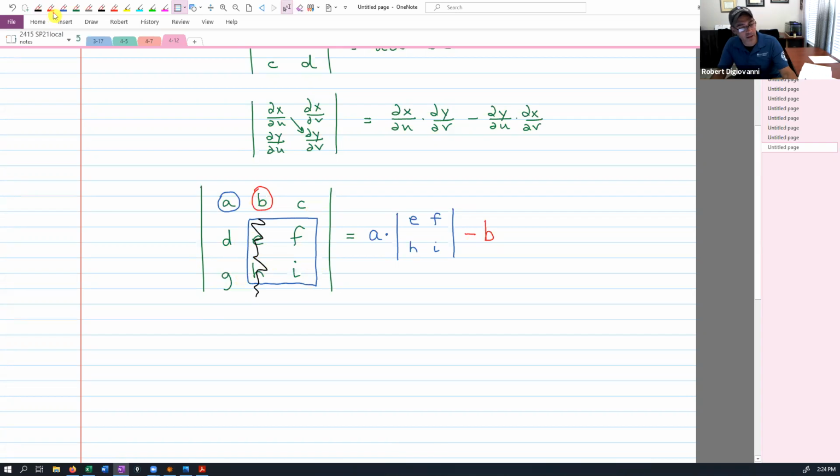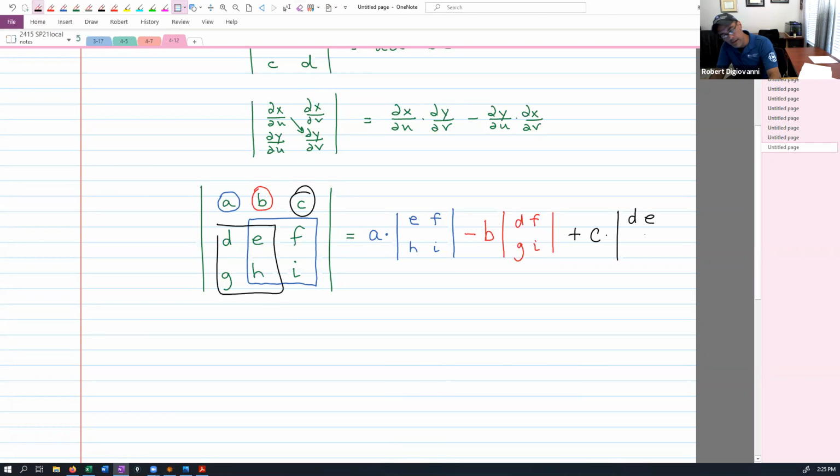So it'll become the determinant of D, F, G, I. And then I switch signs again and I do plus C times, and now my determinant is going to be off of these four there. So determinant of D, E, G, H.